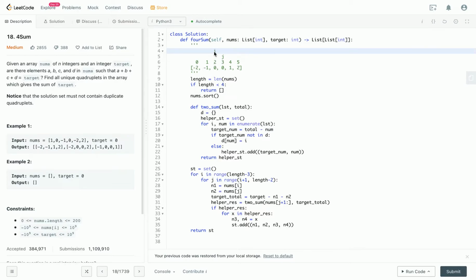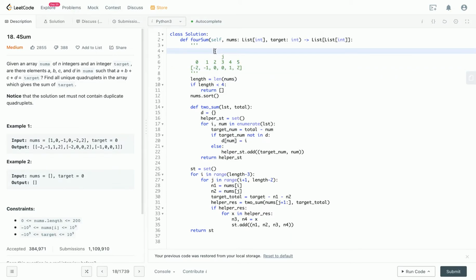Why? Because if i is here, then my b, c, d, all the 3 numbers don't fit, right? So i can go rightmost to this index because there are 3 numbers left, right?